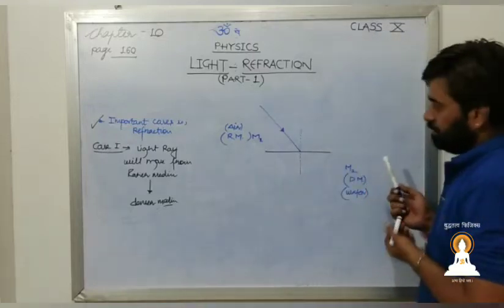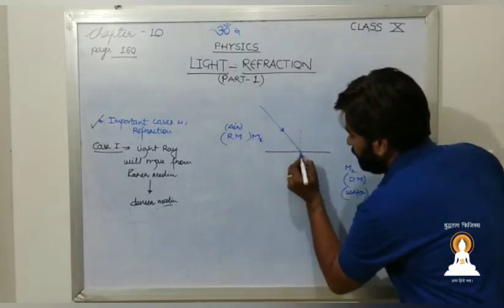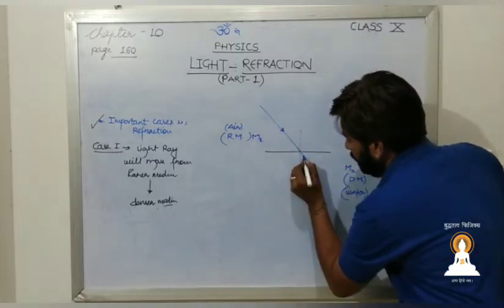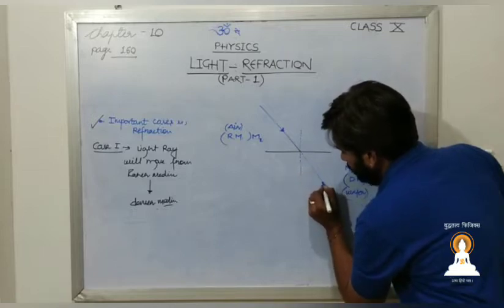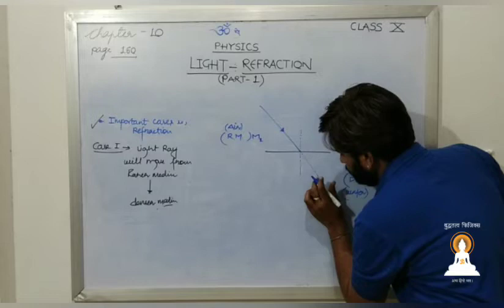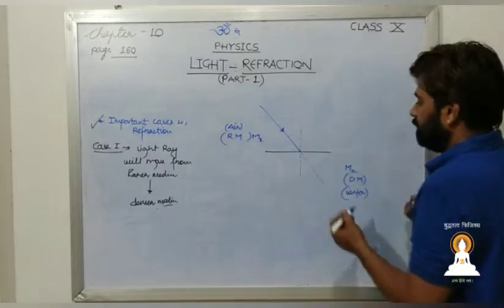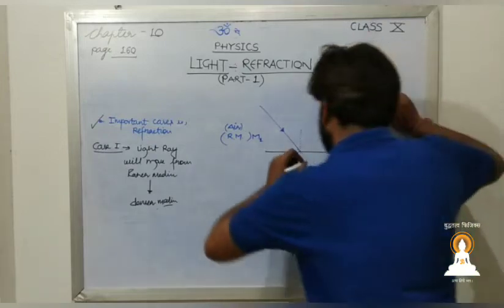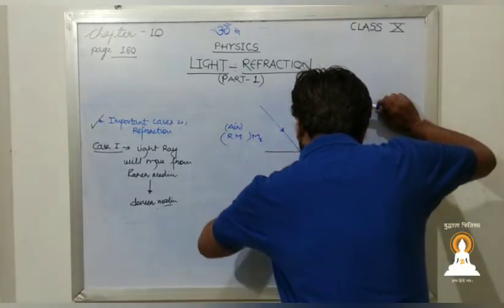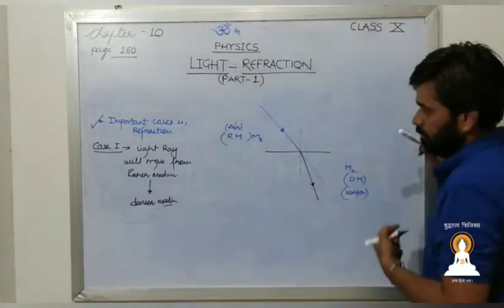Then just after refraction, if I continue this line, it will appear to move like this, very simple. But actually it is not following this path. Just after refraction, it appears to move towards the normal.